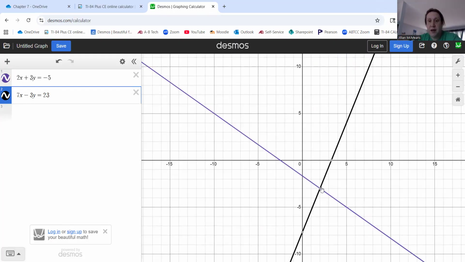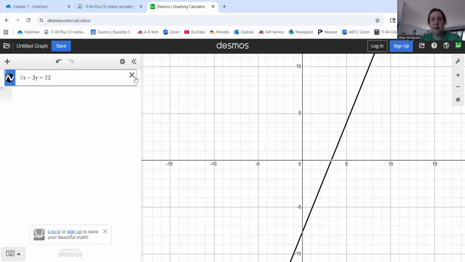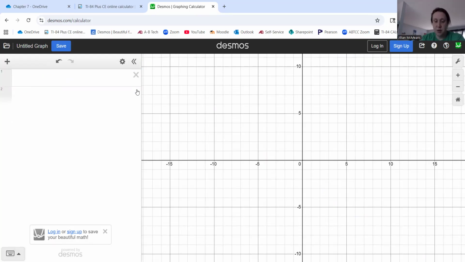So this point right here is the point 2, -3, which is the ordered pair that we were asked to check on our example 1, part A. So you can see here the point 2, -3 is the ordered pair where those two lines intersect.